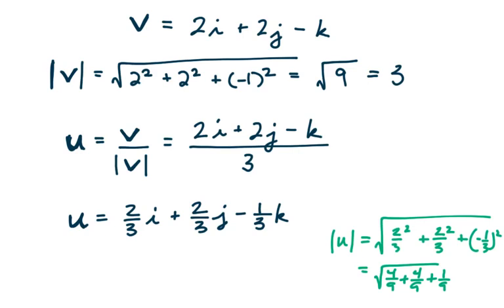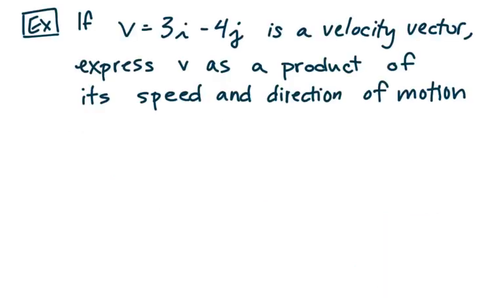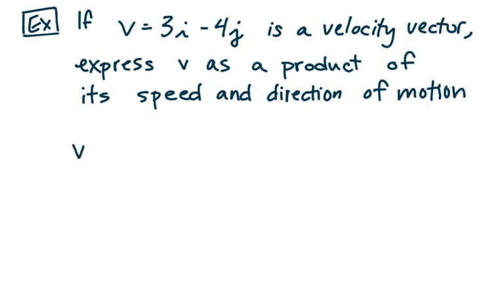We have one more example in this video. If v equals 3i minus 4j represents a velocity vector, if we want to express v as a product of its speed and direction of motion, well, what we said is that v is equal to its magnitude times its unit vector.